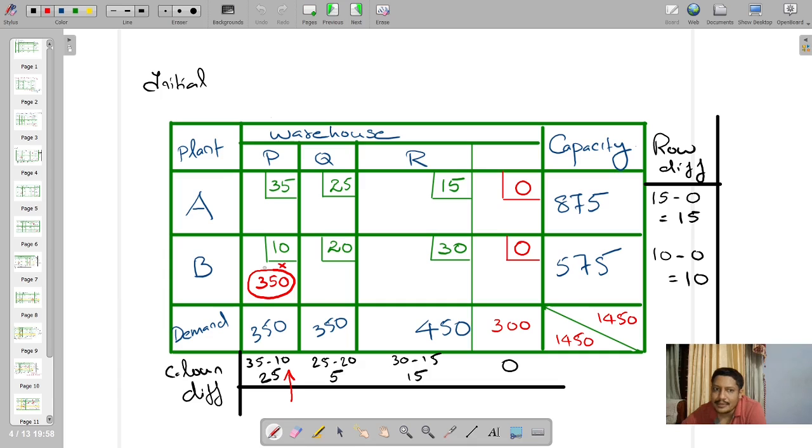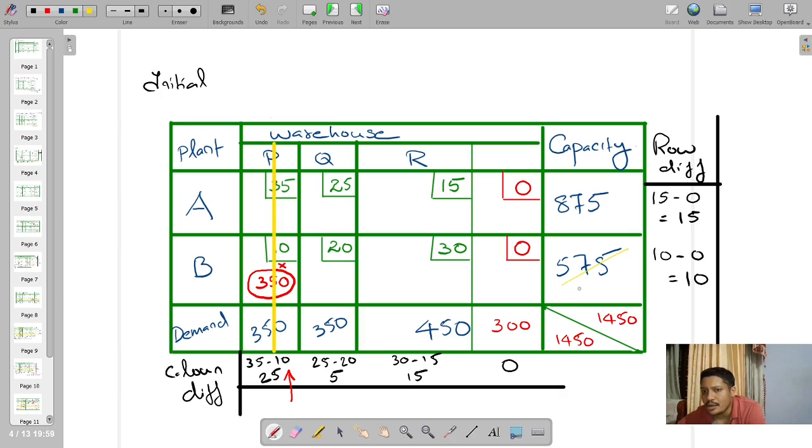What happens? That particular column will get cancelled, and the balance there will be 225.